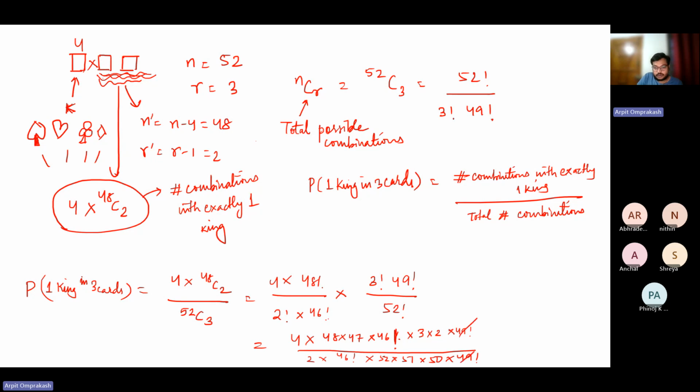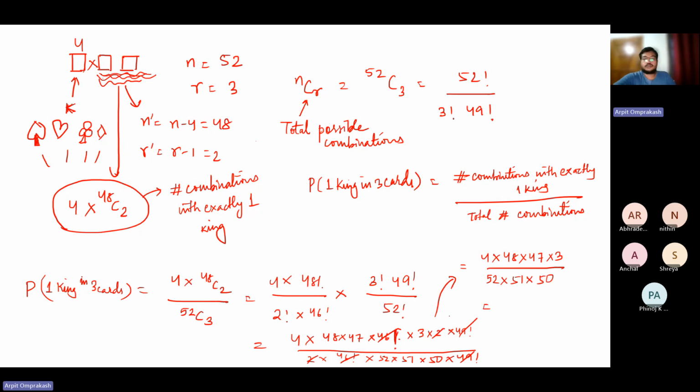So this will cancel out, this will cancel out, this will cancel out. Then what we have is 4 into 48 into 47 into 3 divided by 52 into 51 into 50.